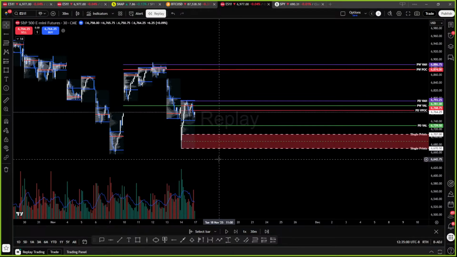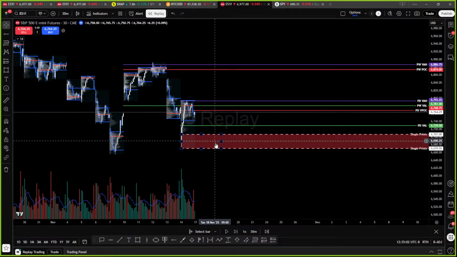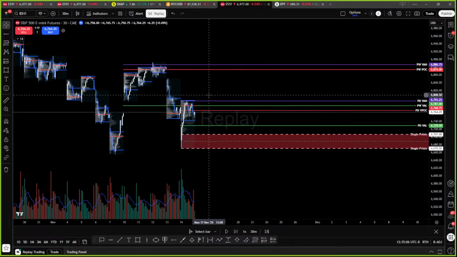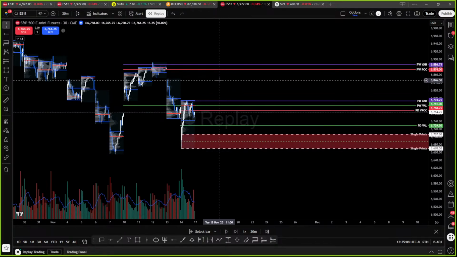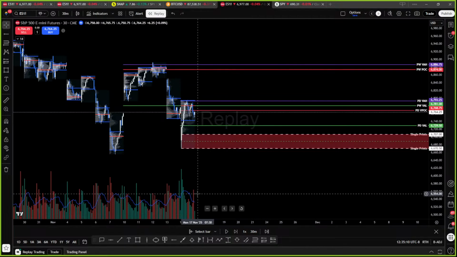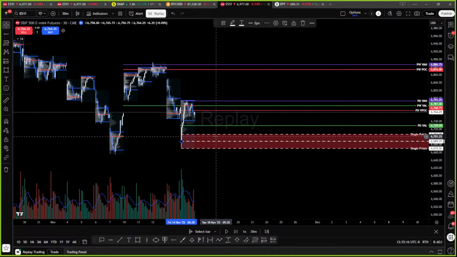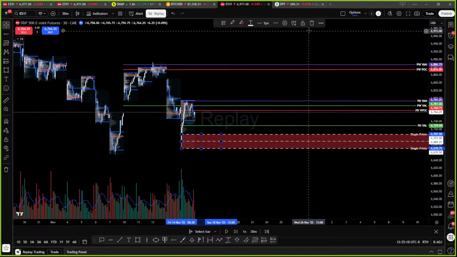If we lose this, my trade's pretty much invalidated. You would expect a bounce, worst case, at the very bottom. If the single prints are at the top, same thing. I would stop out just above it. But we'll discuss that as we go. My entry would be the single print mid right there in this case.